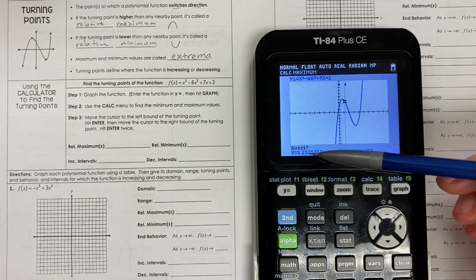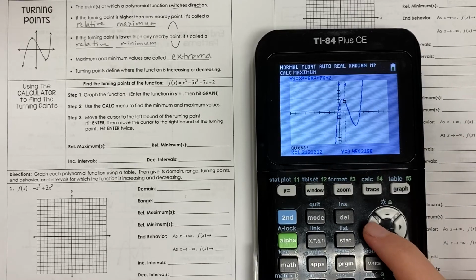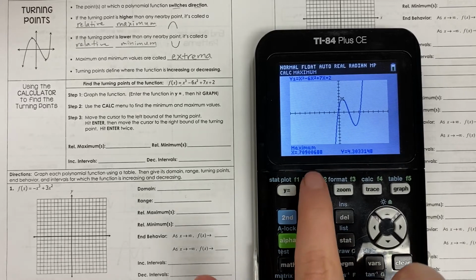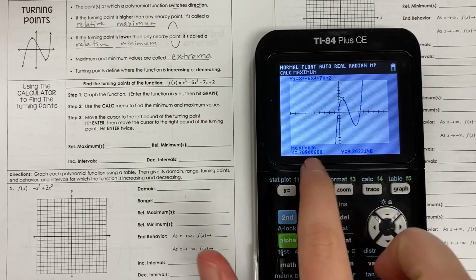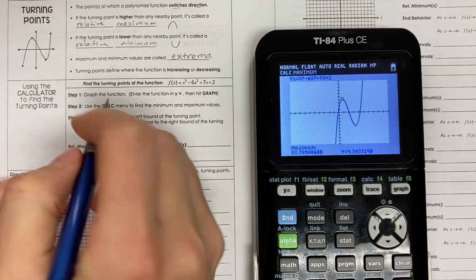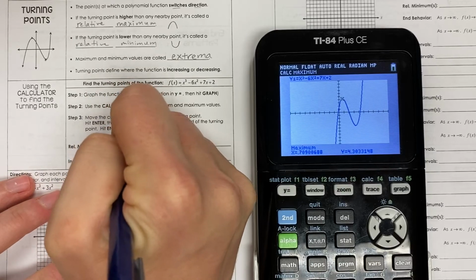Okay, now the message says, guess where the maximum is. So we will hit the left arrow again, go to the very, very top of the mountain as best as we can, and we'll hit enter one more time. So when you do that, you get the coordinates of the turning point. So the x coordinate is 0.709.